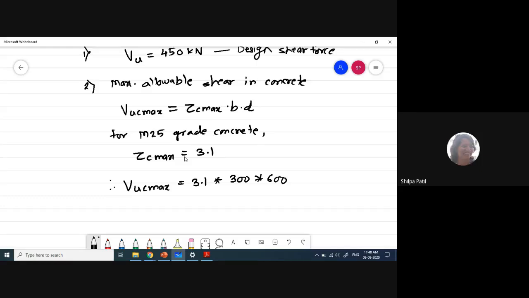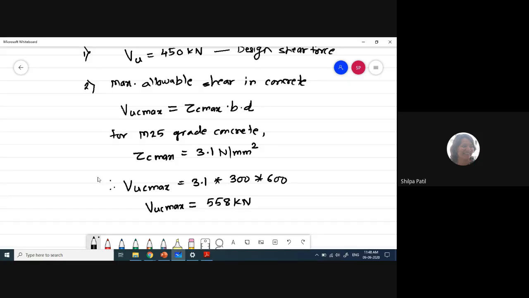So VUC max is 558 into 10 raised to 3 Newton. The unit of tau C max is Newton per mm square, and we have multiplied by BD, so the force will be in kilonewton. Okay, so 558 kilonewton.